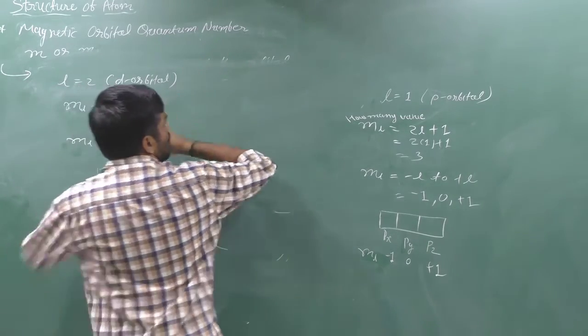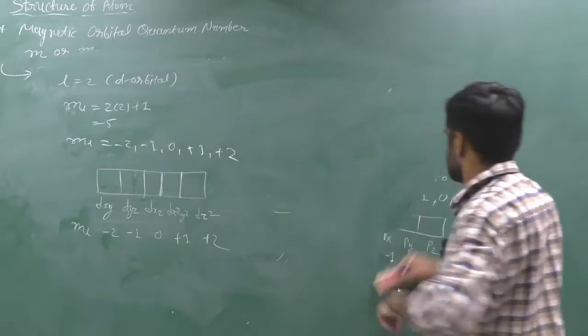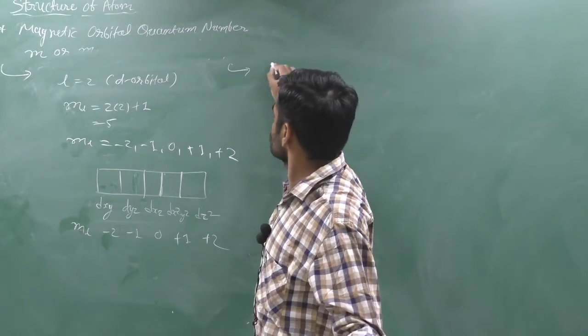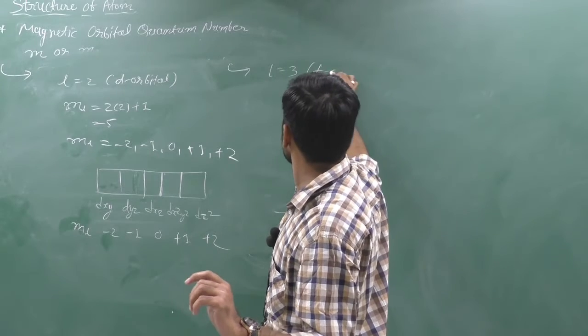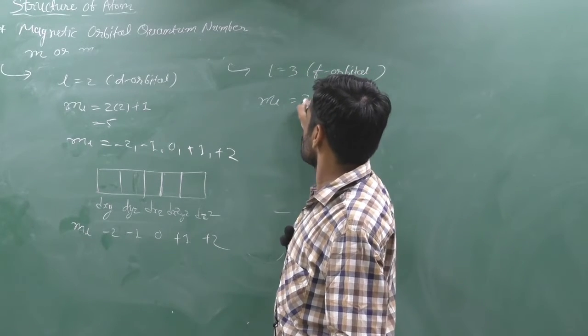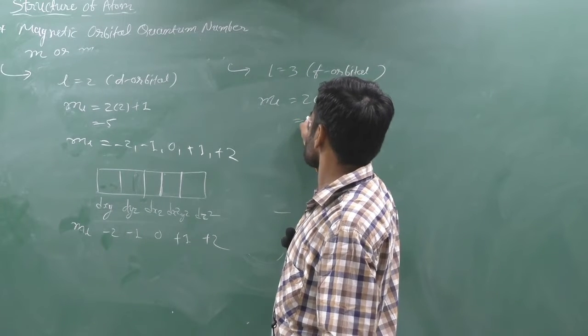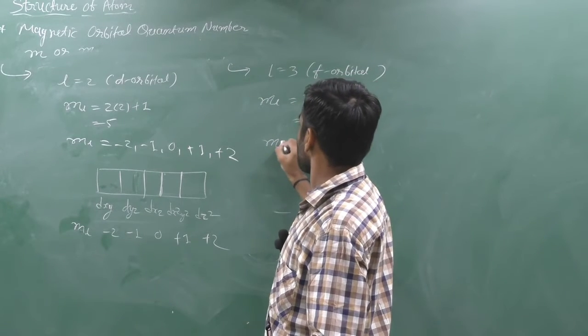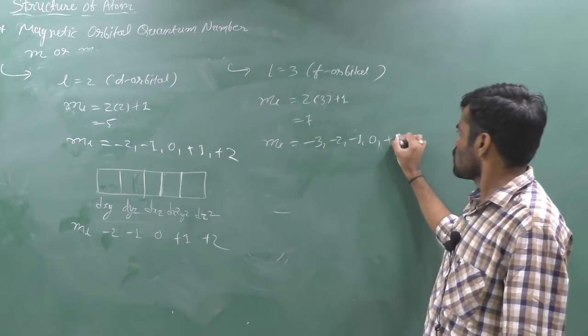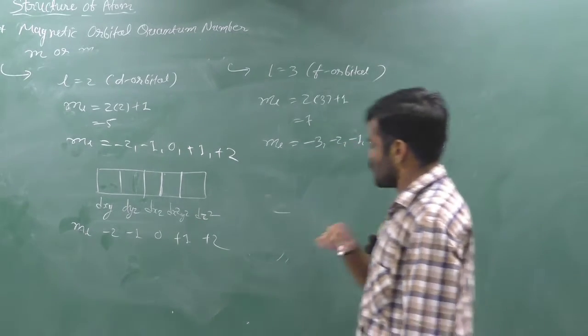Now think about the f orbital, L is equal to 3. Then ml has 2 into 3 plus 1, which is 6 plus 1, 7 values: minus 3, minus 2, minus 1, 0, plus 1, plus 2, plus 3.